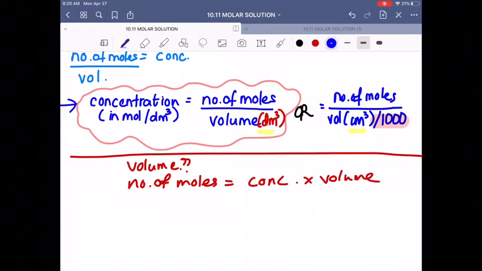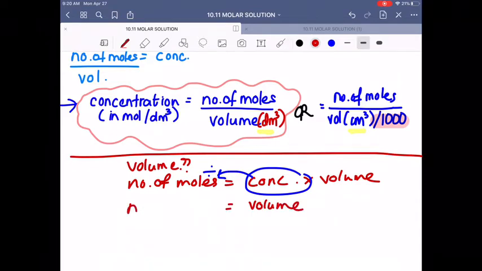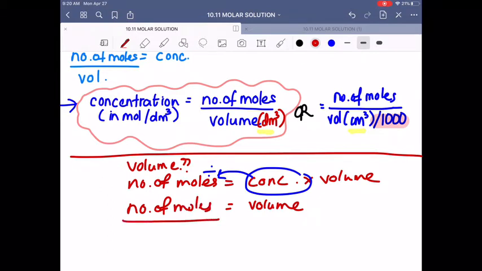Just move your concentration to the left hand side, it will become divide. So volume stays on the right hand side, number of moles stays on the top, divided by concentration. This concentration has to be mole per dm cube.